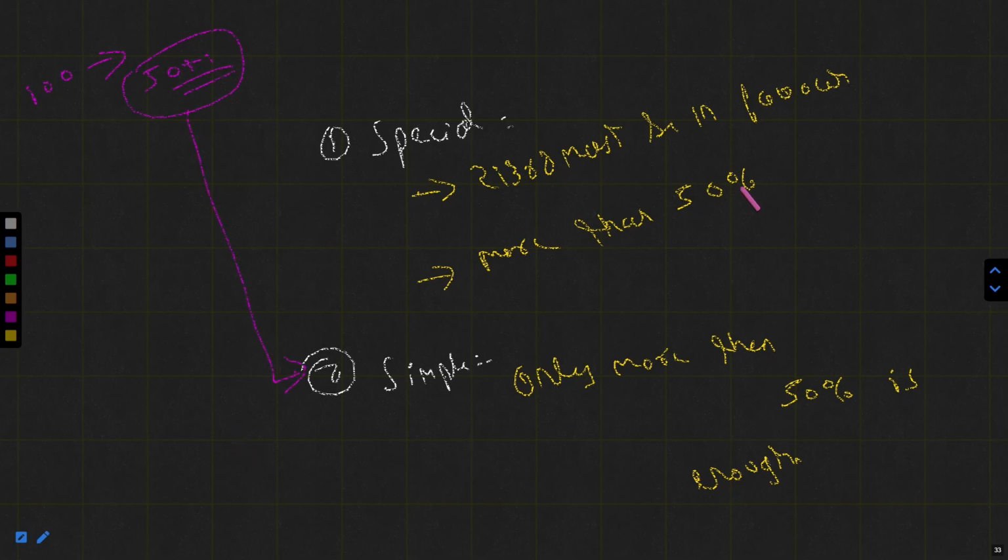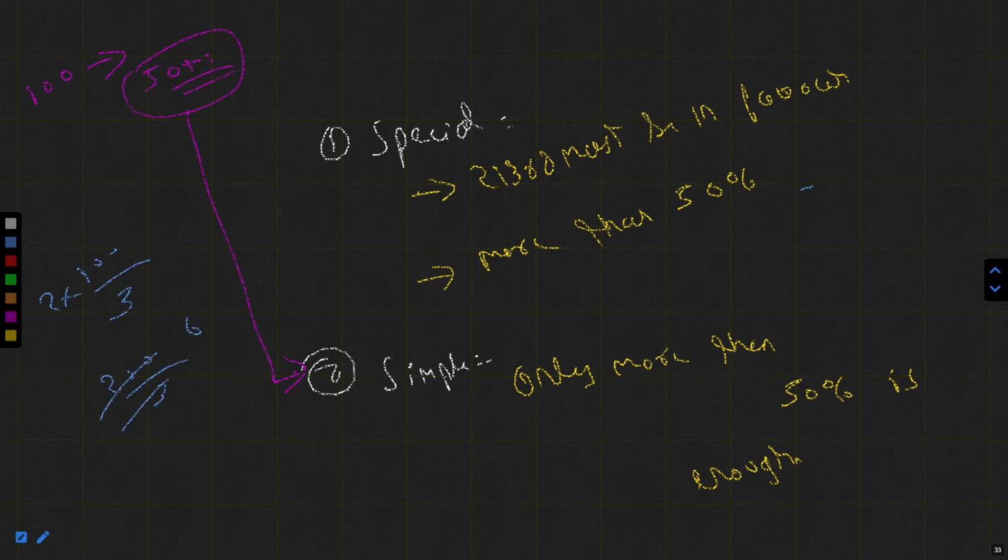While in the case of special majority, if there are 100%, it is obvious that more than 50% should be in favor of the passage of the bill, whereas two-thirds of 100 is basically two-thirds of 100, 2 into 100 divided by 3. Okay.